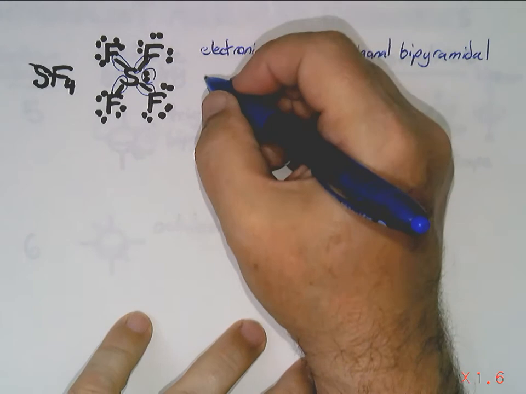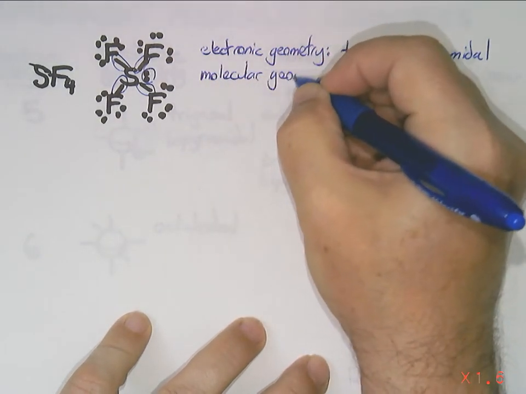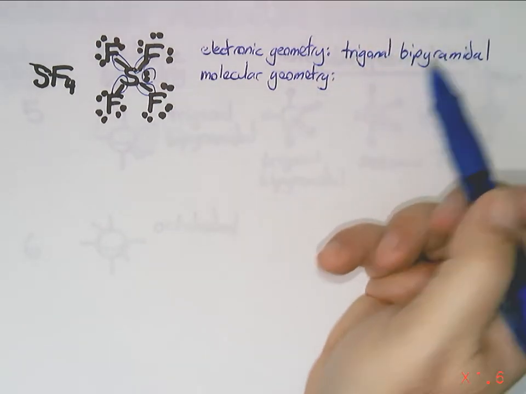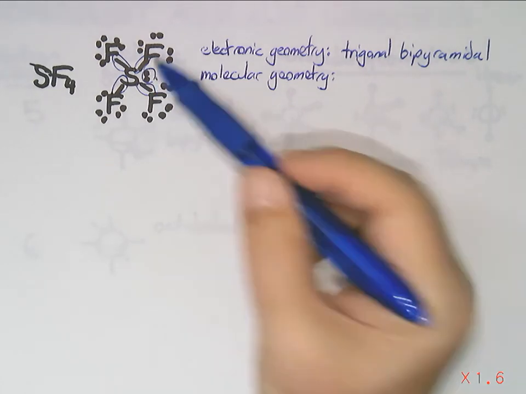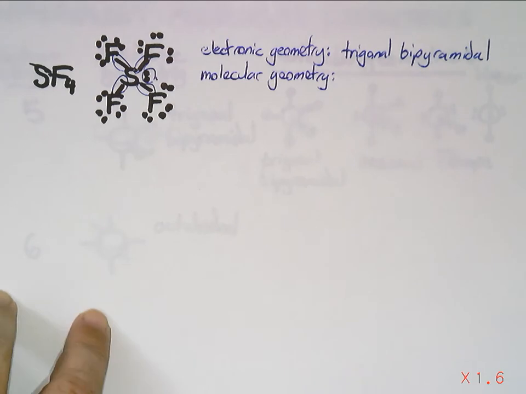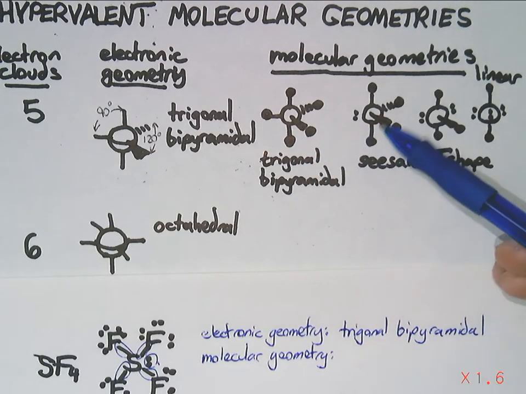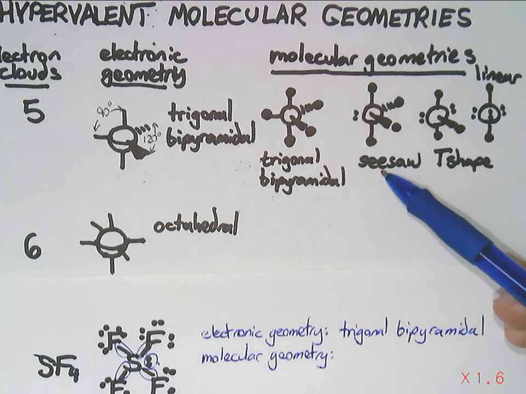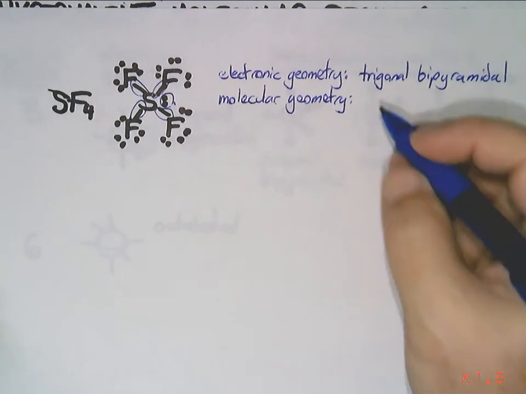Okay, what about the molecular geometry? It's got to be a molecular geometry that is derived from trigonal bipyramidal electronic geometry, and it's got to have one lone pair. If I have this table in my head, I can see that the only trigonal bipyramidal molecular geometry that has one lone pair is the seesaw. So the molecular geometry for this one is going to be seesaw.